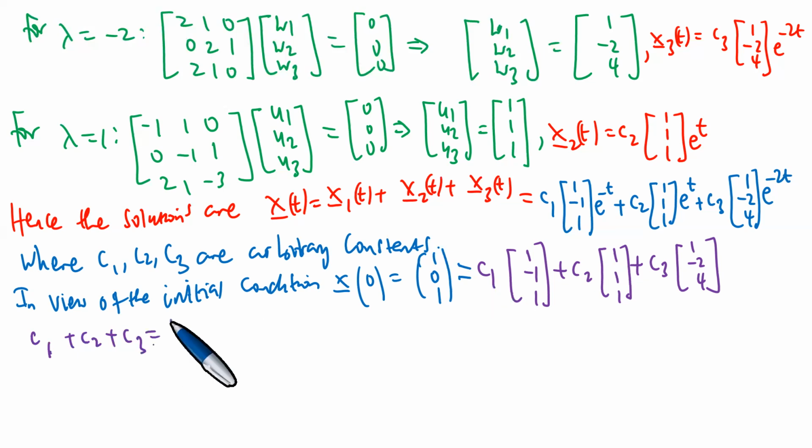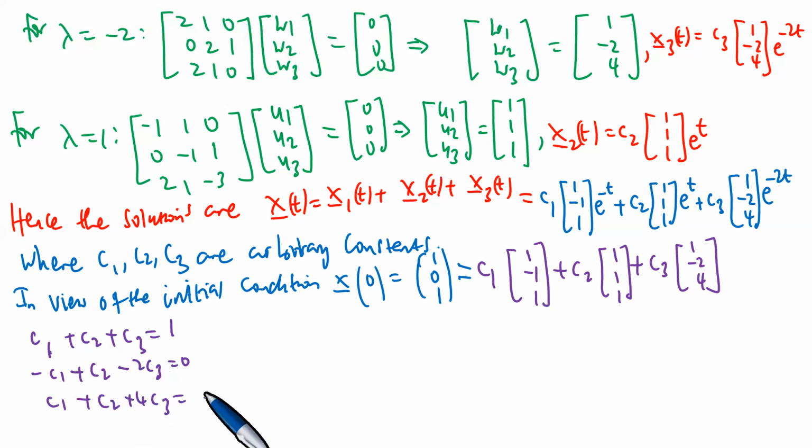Minus C1 plus C2 minus 2C3 is 0. C1 plus C2 plus 4C3 is equal to 1. Okay, obviously here we're just okay.